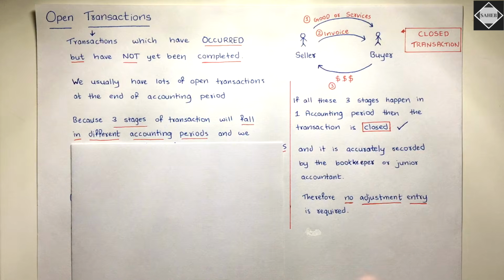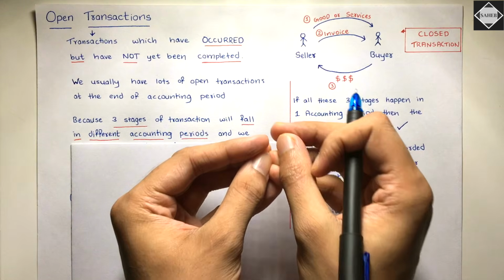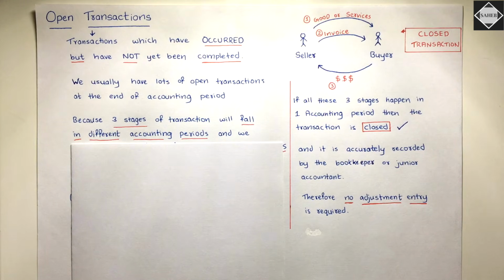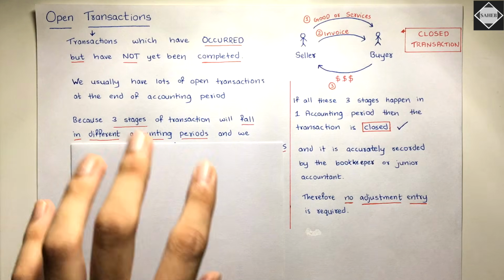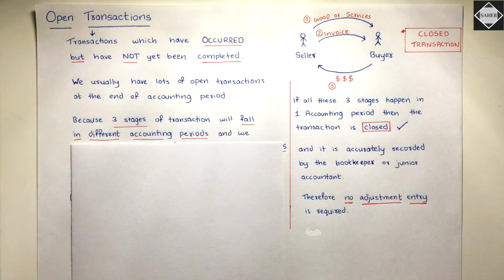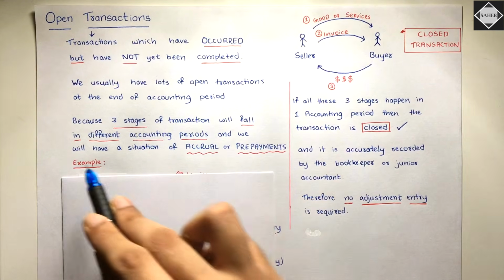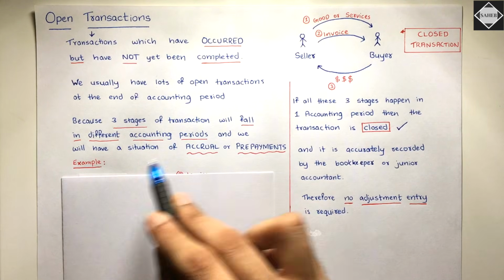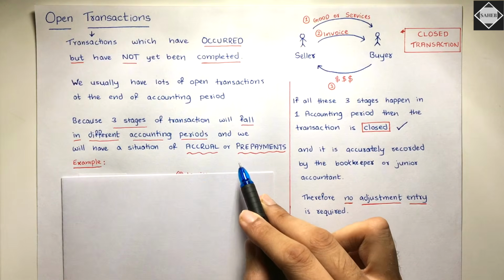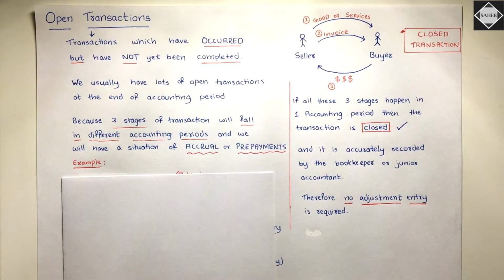So that's why at the year end, senior accountant has to come to pass the adjustment entries. Yeah, adjusting entries, which are called as accruals and prepayments popularly in these cases, right? Because three stages of transaction will fall in different accounting periods, and we will have a situation of accrual or prepayments. Is that clear?